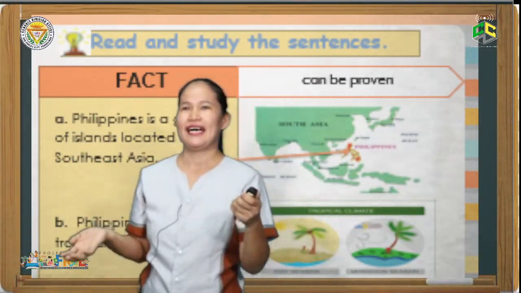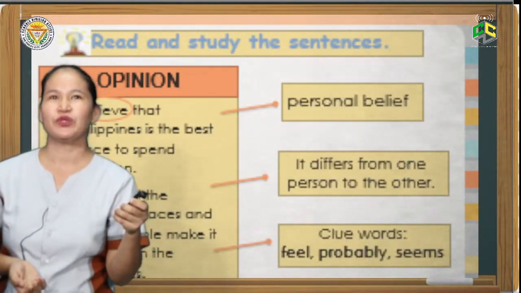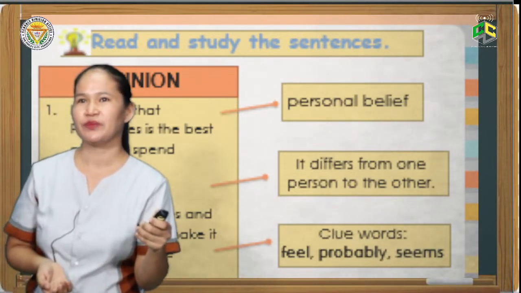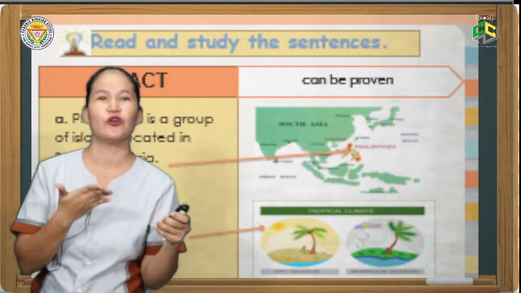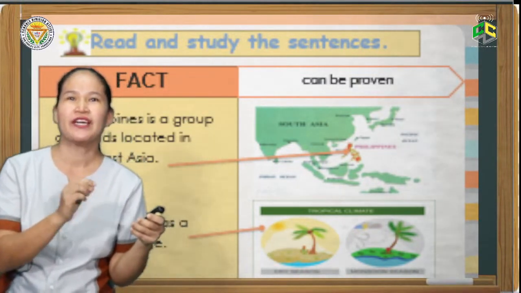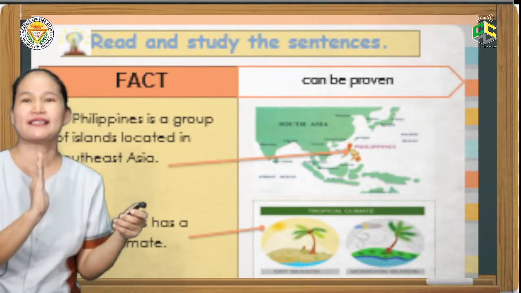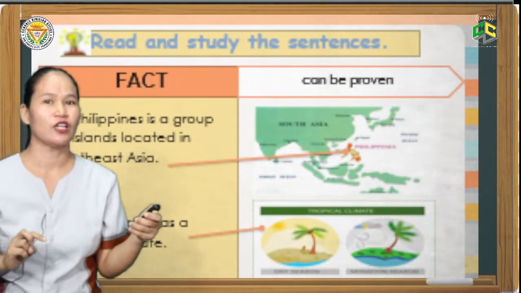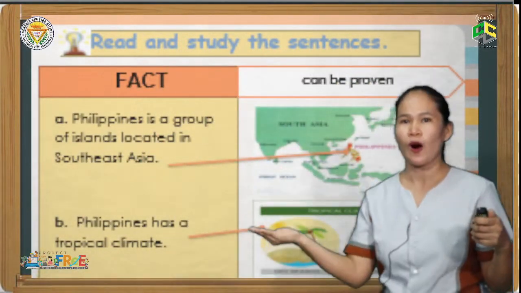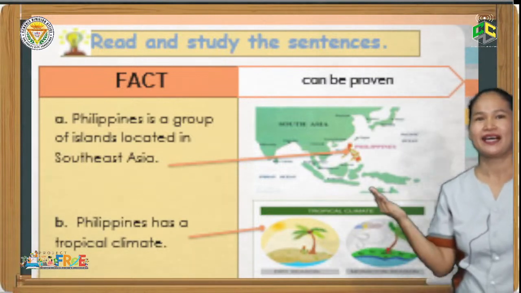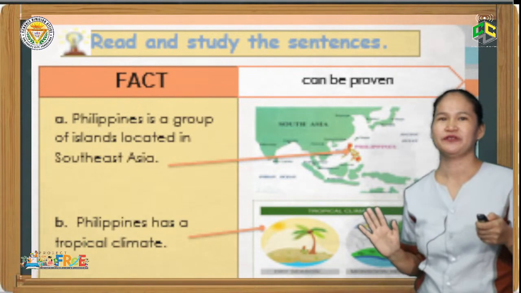As you can see on your screen, it says Philippines is located in Southeast Asia. Given on the map, Philippines is indeed a part of Southeast Asia, along with other countries like Singapore, Thailand, and Cambodia. Let us proceed with the second example.